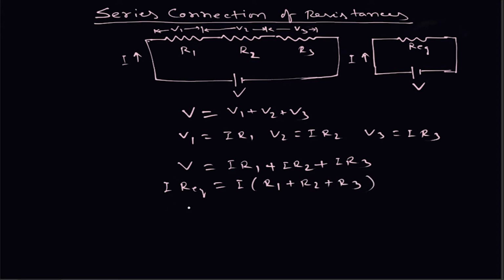Cancelling I from both sides, we find that R equivalent is equal to R1 plus R2 plus R3. Hence, in case of series connected resistances, their equivalent is simply equal to the sum of the resistances. So if these three resistances are replaced by R equivalent, the same current will flow through the circuit.